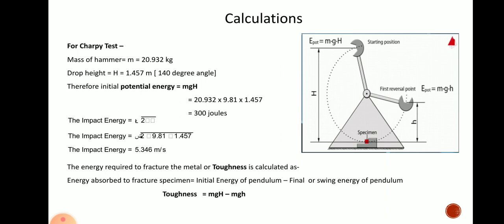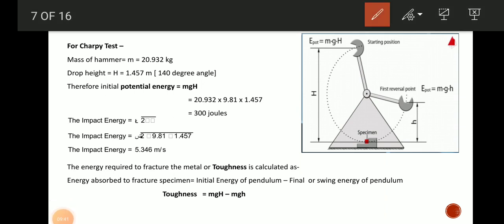At that raised height, if you release the hammer, what will be the impact velocity? Not the energy, the impact velocity. And you know the formula for velocity is equal to the square root of 2gH.